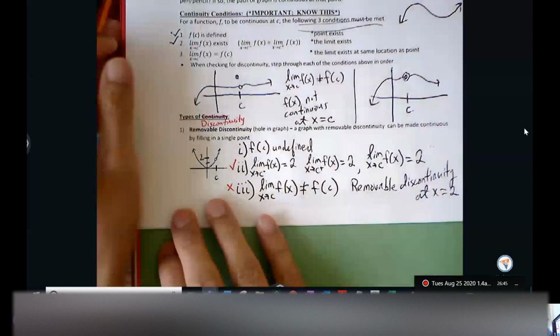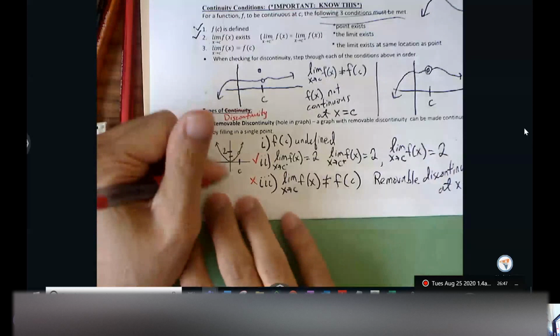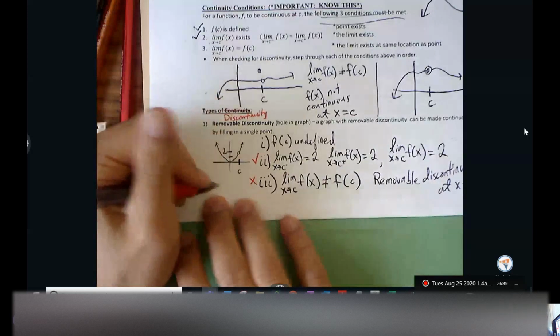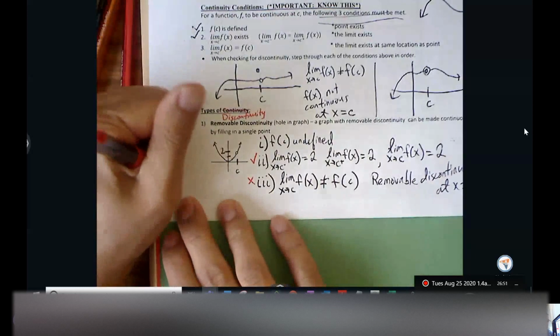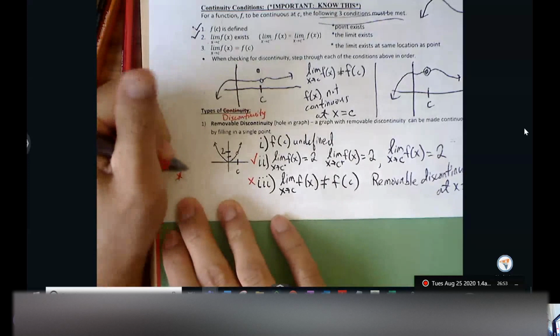So our conclusion. I have this on the next page in the summary as well, but I'm going to go ahead and write that here.